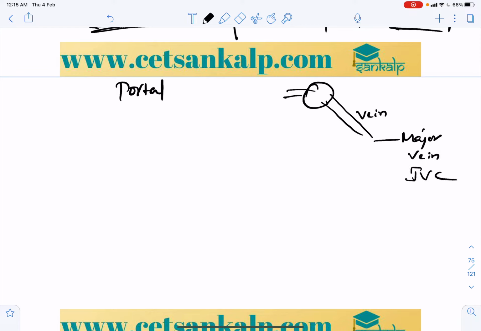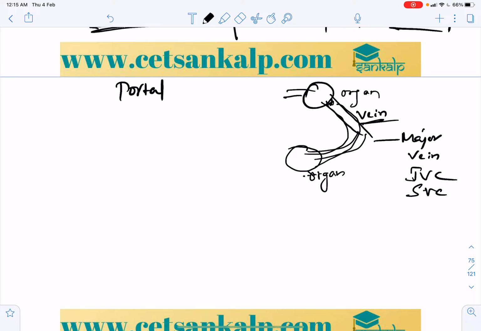But here it is not like that. The vein arises from one organ and ends in another organ. That is called the portal system, and the vein that makes this extension is a portal vein.